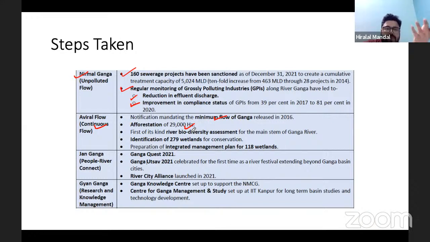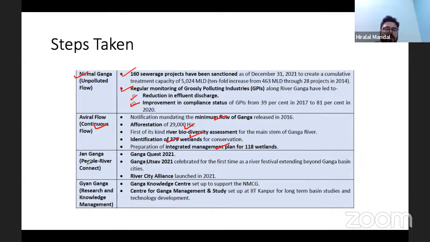So that's the kind of steps that the government of India has done. It has also done the river biodiversity assessment, identification of 279 wetlands for conservation, and an integrated management plan for 118 wetlands has been done in order to ensure the continuous flow of water in the river Ganga.